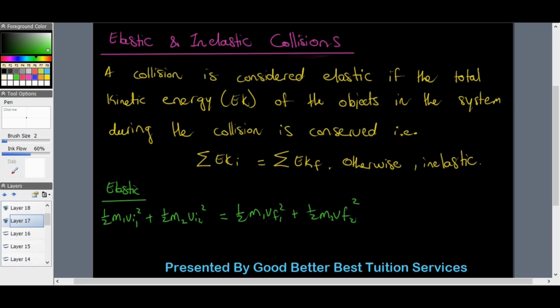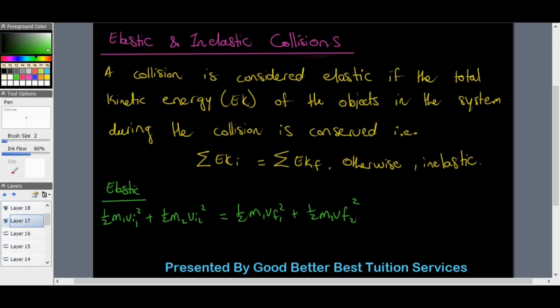Okay, so just to read that again: half of the mass of the first object times the velocity of the first object squared, plus half the mass of the second object times the velocity of that second object squared initially, is all equal to half the mass of the first object times that object's final velocity squared, plus half the mass of the second object times the second object's final velocity squared. Okay, the velocity part is only squared, by the way, not the mass, as you all should know.